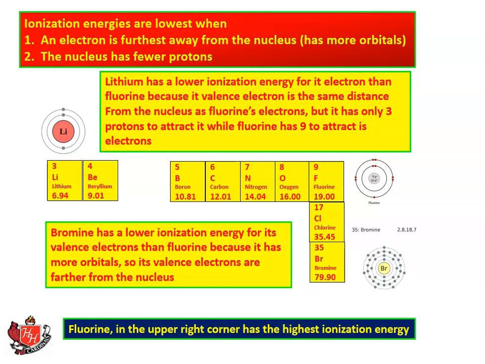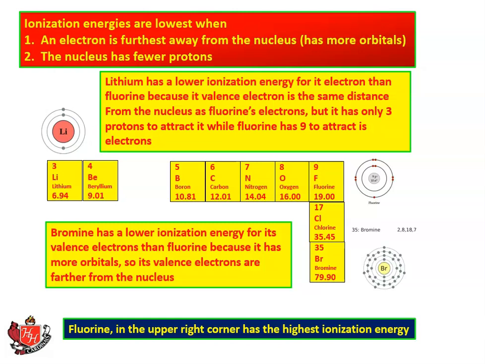So fewer orbitals means higher ionization energy. More orbitals means lower ionization energy. In other words, a lower energy is required to pull the electrons away. So that's down in the bottom left here where it says bromine has a lower ionization energy for its valence electrons than fluorine because it has more orbitals, so its valence electrons are farther from the nucleus.